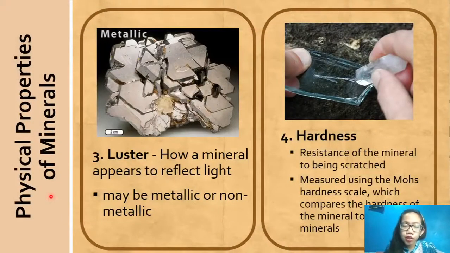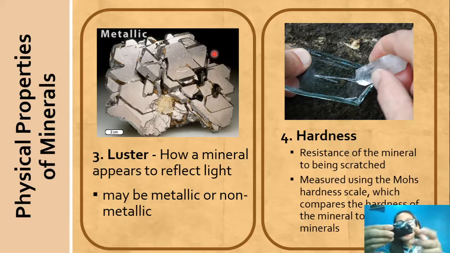Next, luster. Luster refers to how the mineral reflects light, and we usually refer to it as either metallic or non-metallic. For example, in this image, it's obviously metallic in nature. Gold, silver, and copper usually have this sheen type of shine, versus this one, where you can immediately say that it doesn't shine like copper.